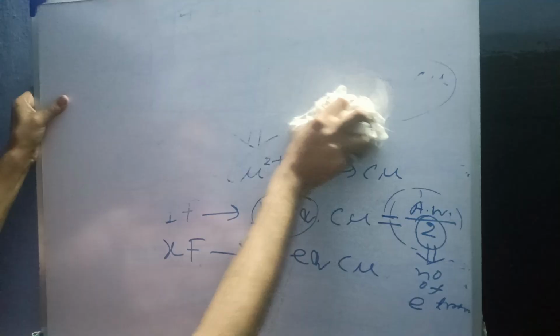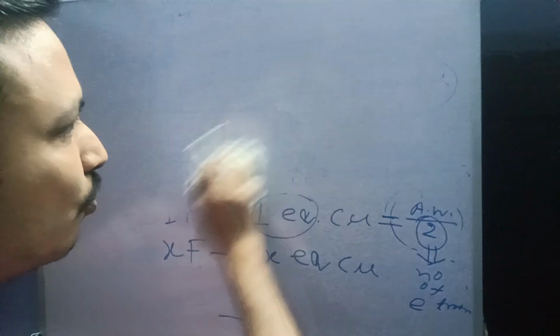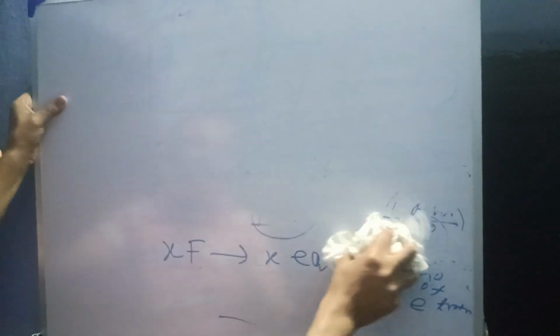So if we pass 1 Faraday of electricity through the solution, it will produce 1 equivalent of copper, that is atomic weight by 2 of copper.